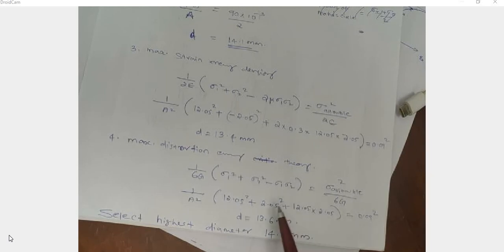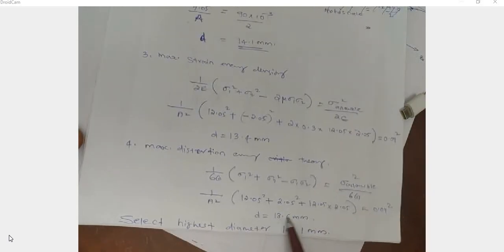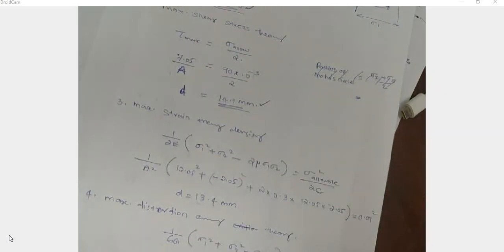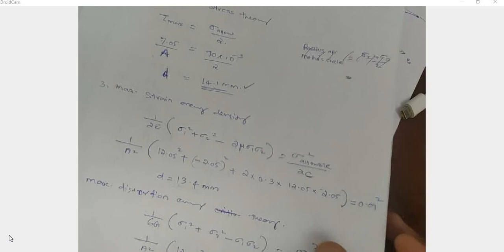So we got different values for the rivet diameter d: 13.6, 13.4, 14.1 and 30. In this, select the diameter with the higher value, 14.1. So that is the design dimension of the rivet. A similar problem can be expected in your final examination.